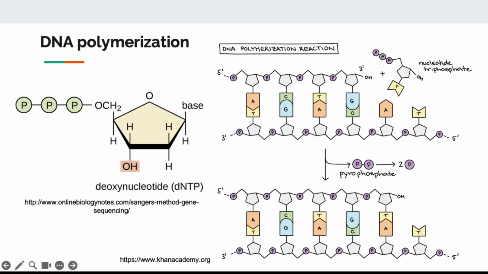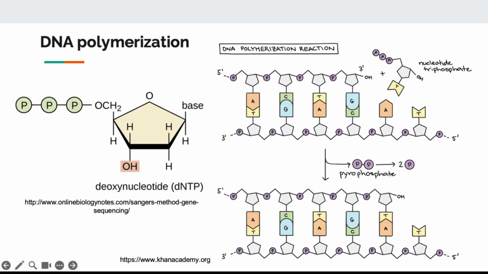Usually this can only occur if you have a correctly matched nucleotide, like A to T or C to G. And this reaction occurs on the 3' hydroxyl group, so you have to have this in order for the phosphate group from the next nucleotide to form the reaction and be incorporated into the DNA strand.